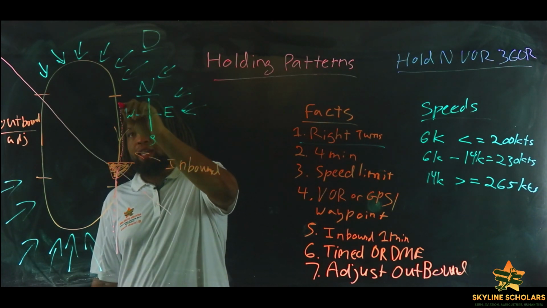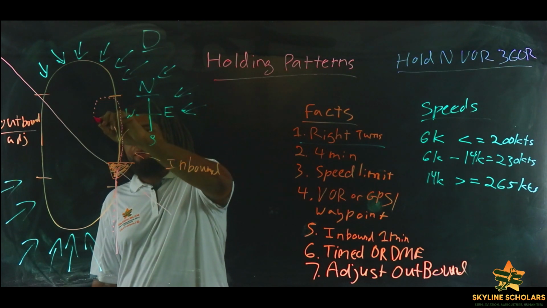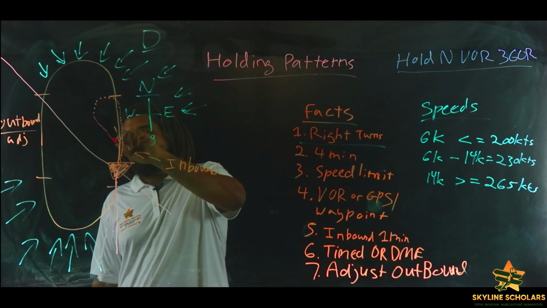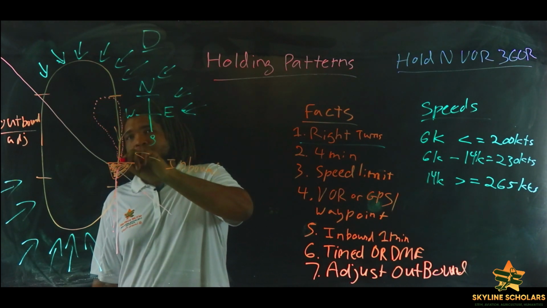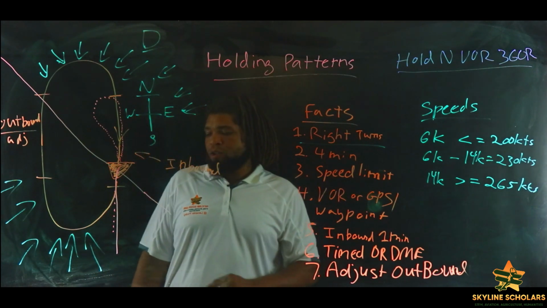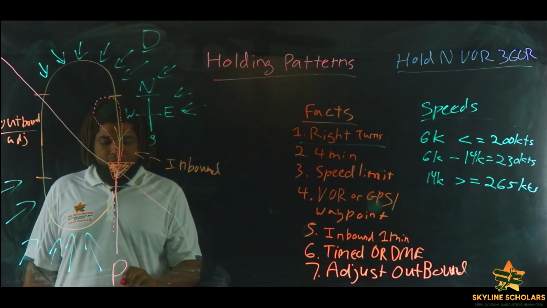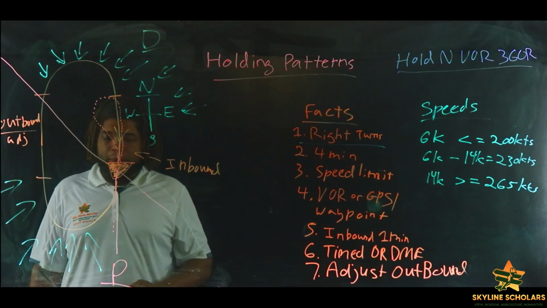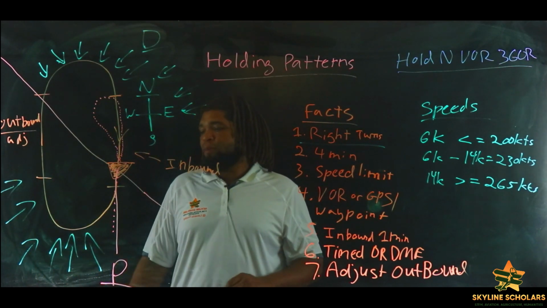We call this paralleling the inbound leg, and then turning and re-intercepting the inbound leg. Okay? So this is going to be called a parallel entry.